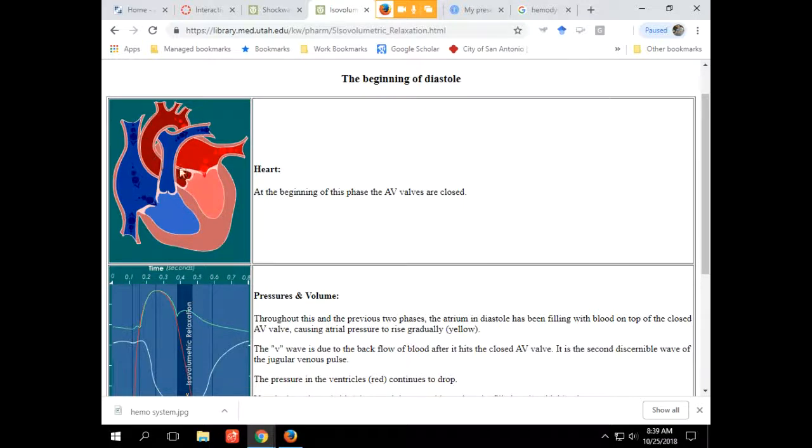The valves have closed because the pressure's pushing back, so it's pushing all the blood back here. Boom. Snap. There it is. Coronary arteries are being perfused. We have our coronary arteries coming off these cusps, and the pressure over here is filling up those coronary arteries. That's what's perfusing your coronary arteries. It's diastole that supplies the blood.